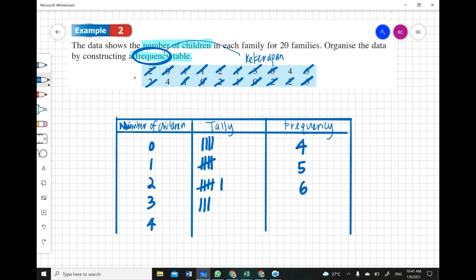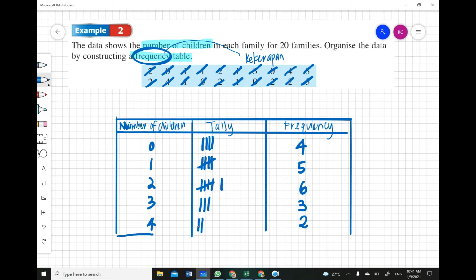One more, one more. How much is the frequency for number 3? 3, right? Last one is 4. One tally here, and another one. So the frequency for 4 is 2.